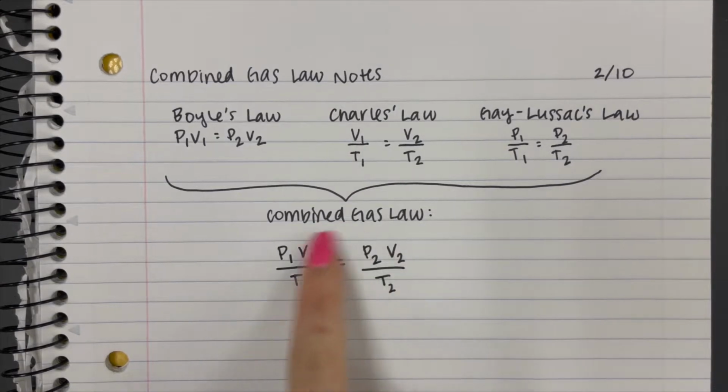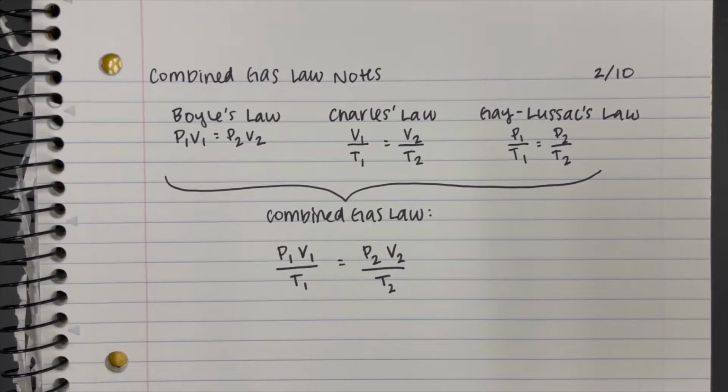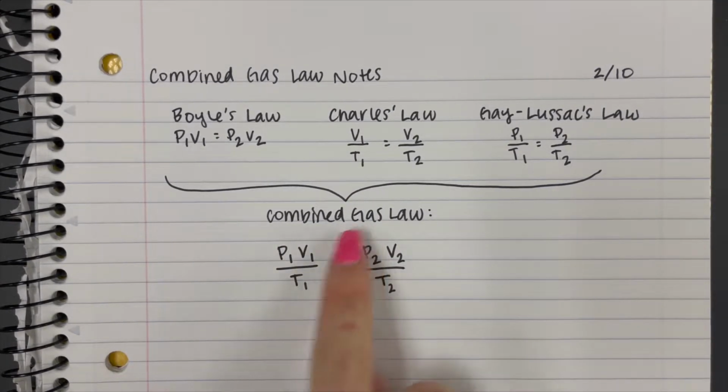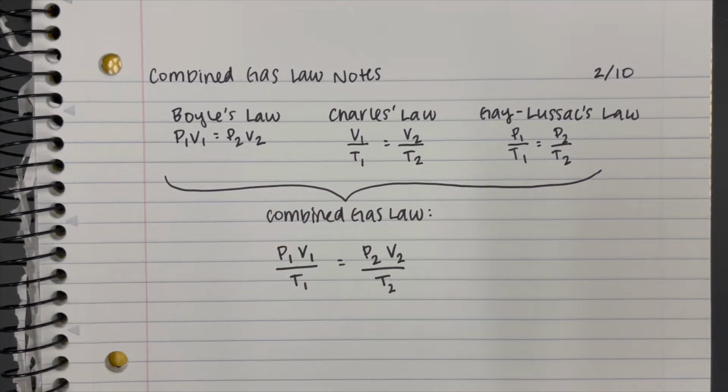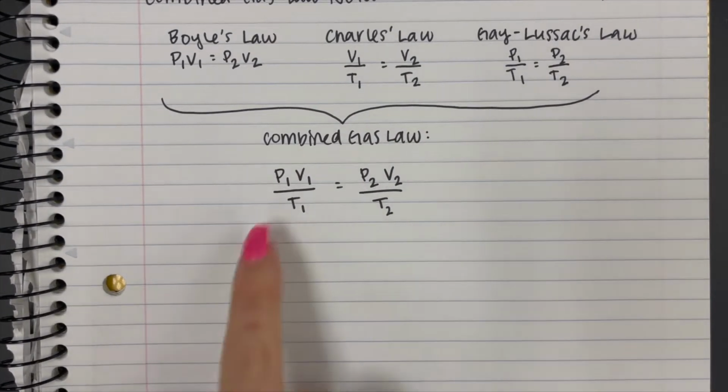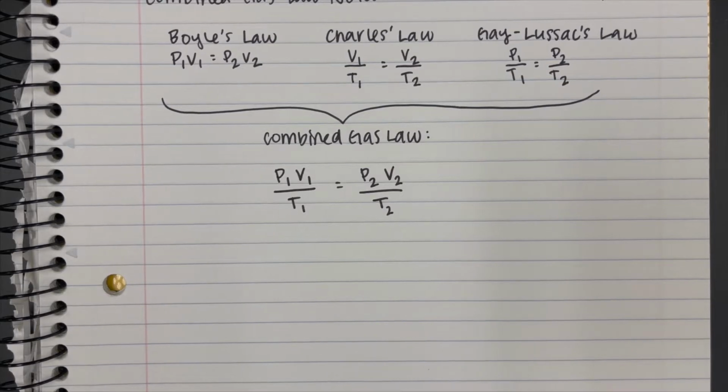So you do need to write this formula down. It's called the combined gas law because it combines each of these into one formula. Looking at this formula, we have 3 different variables that we're using.